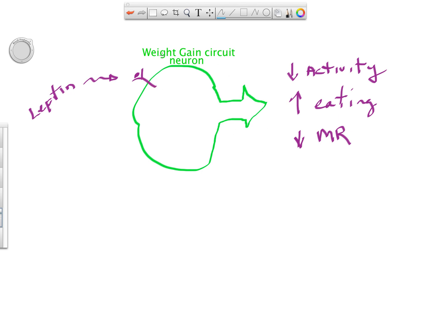Now, if all this activity is going to lead to weight gain, what must leptin do to this cell? Well, leptin, remember, is a signal leading to weight loss. So it's got to slow down the activity of these cells. So when leptin binds, you're slowing these things down.